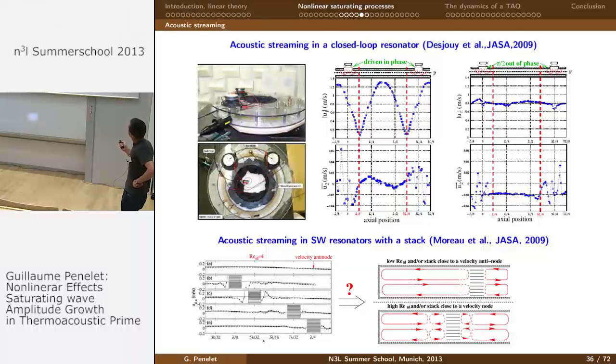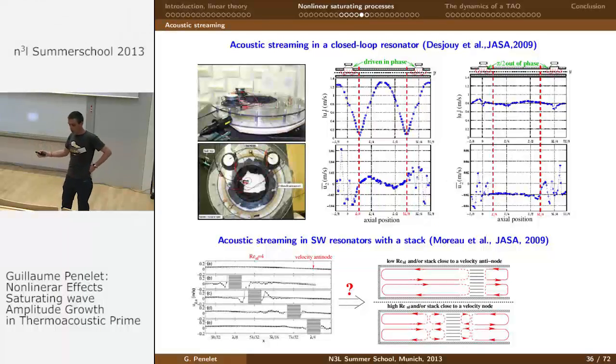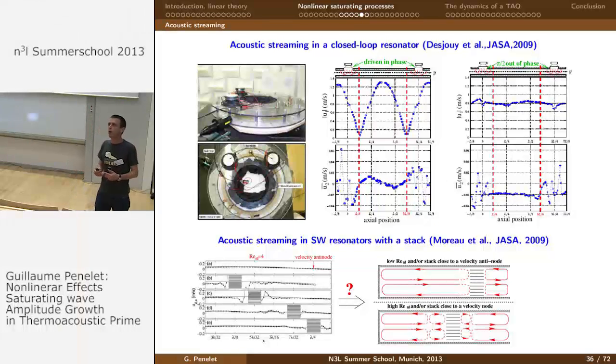And the last experimental work I wanted to show is the only one I know for which we placed a stack within a resonator and we look at acoustic streaming. These results have been obtained by Solène Moreau using LDV. This is the resonator, this is a stack, and they have shown that if the stack is placed close to a velocity antinode, then the spatial distribution of acoustic streaming outside the stack will be similar to the one obtained in an empty resonator.